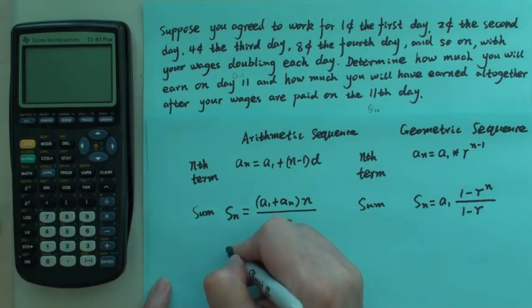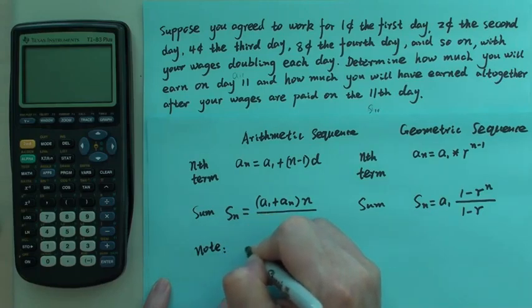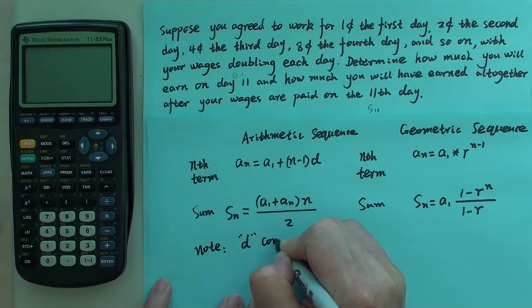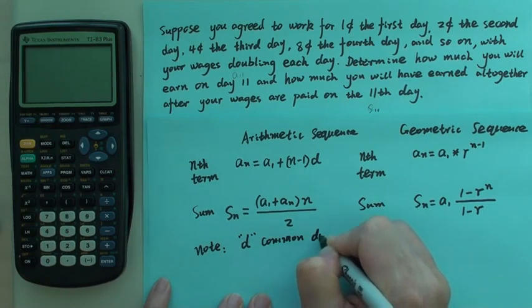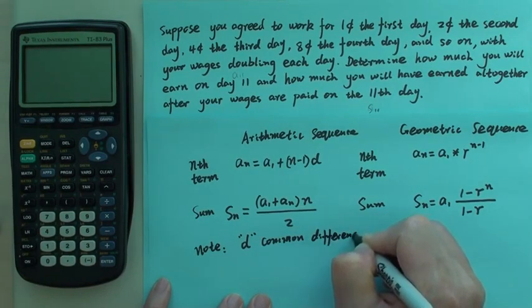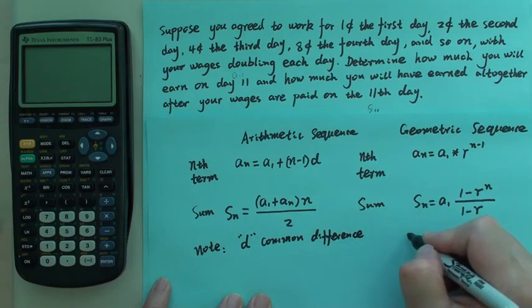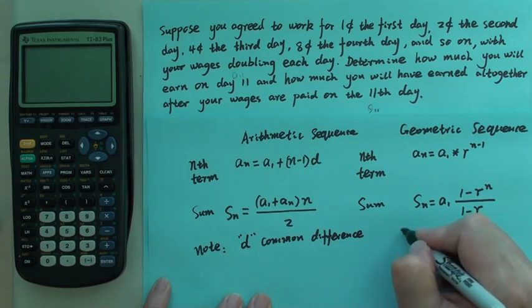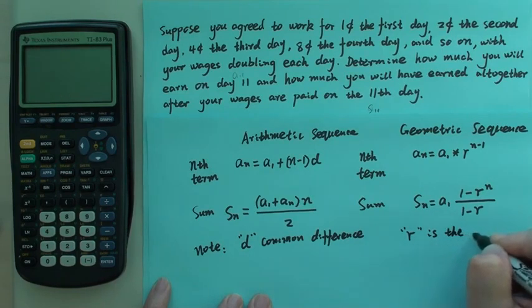Here you may want to note that d is the common difference and r is the ratio.